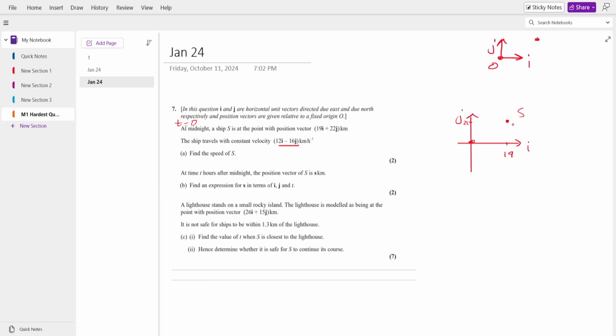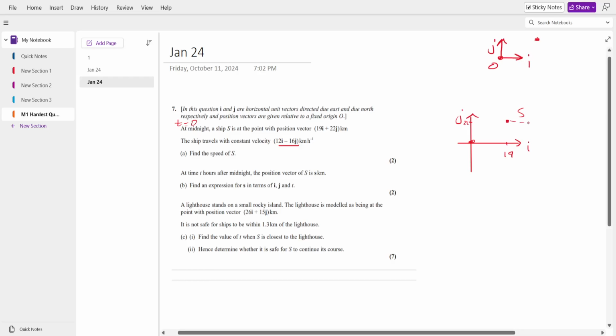So this is 12, this is 16. So it's moving in this direction with these magnitudes. This is the v of the ship. So it will keep moving, and when it comes here, it's going to continue moving in this direction and so on.